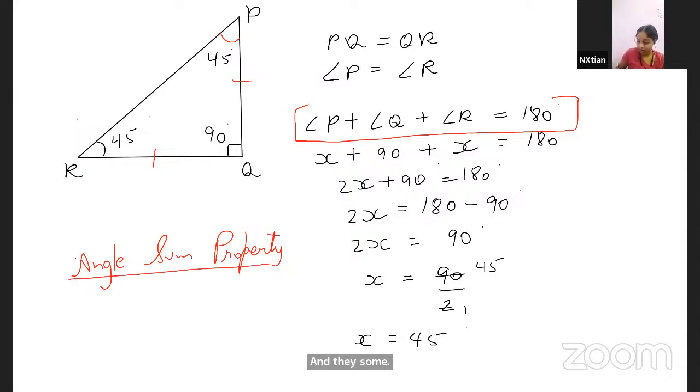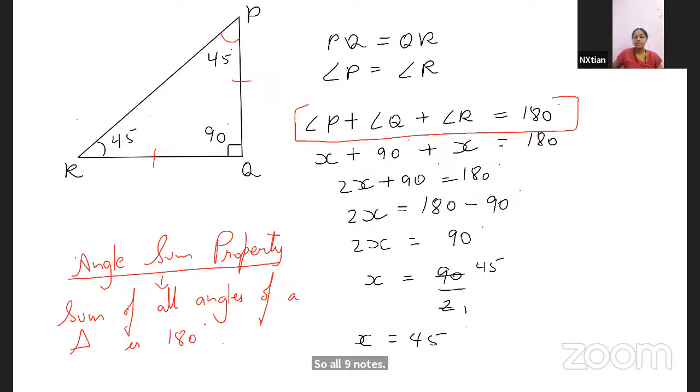Sum of all the angles of a triangle is 180 degrees. We did this previously. Angle sum property.